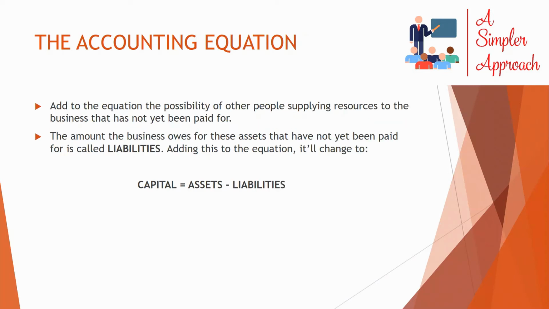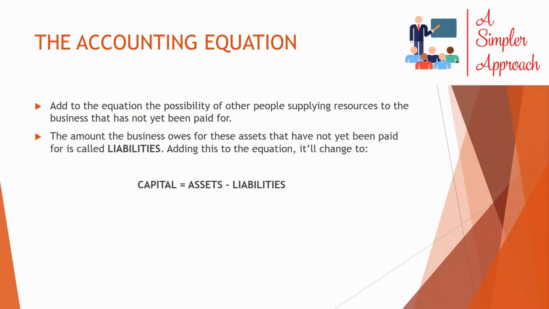Let us now add liabilities to the equation. Now, liabilities are resources that the business owes for. So these resources are supplied to the business, but they have not yet been paid for. The business owes for them.